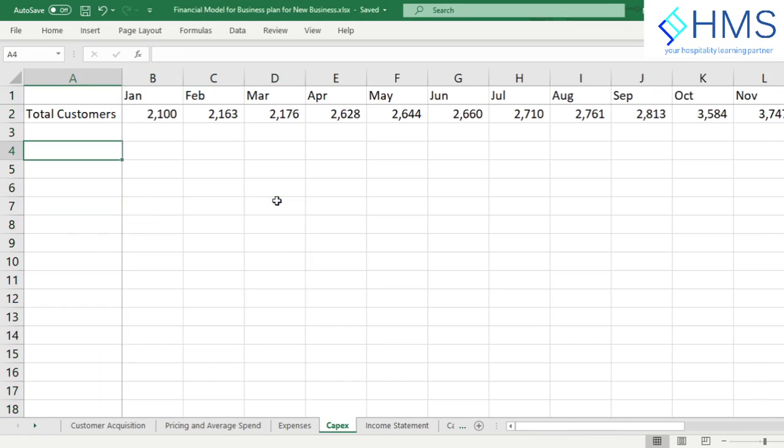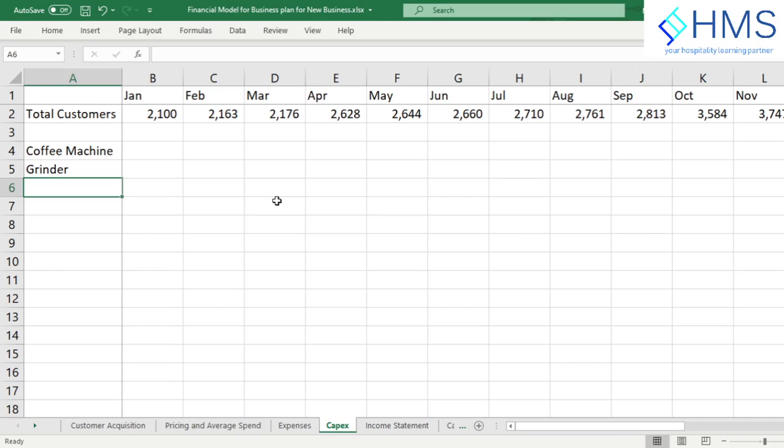Now, total customers. Based on these customers, we need to have machines. So first we need to identify what our capital investments are in the beginning, or whenever we need to invest more into the business. There will definitely be a coffee machine because we are selling coffee.